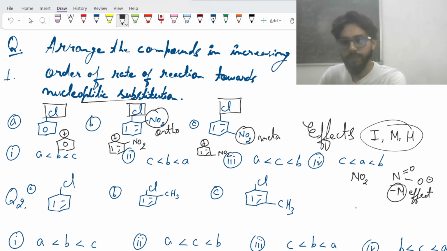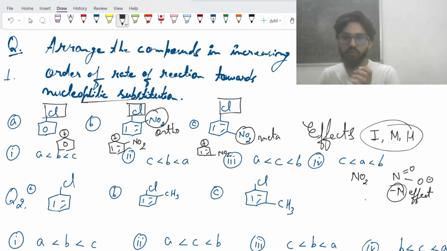So what is the mesomeric effect? Mesomeric effect is the effect that operates in pi systems like the benzene ring. The pi bond electrons can be shifted by the plus M or the minus M effect.